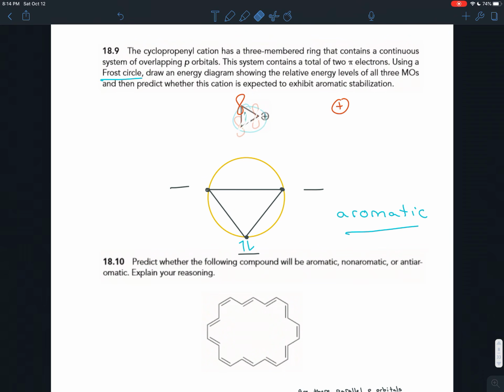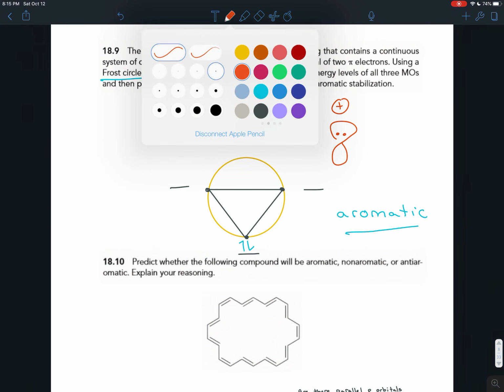Notice that if you didn't have the positive charge, let's say instead of a positive charge, you had a lone pair with like a negative charge. Lone pairs also exist in p orbitals, so you could have that parallel p orbital there. So you'd have a continuous system in a ring. But in that case, you would have 4 pi electrons.